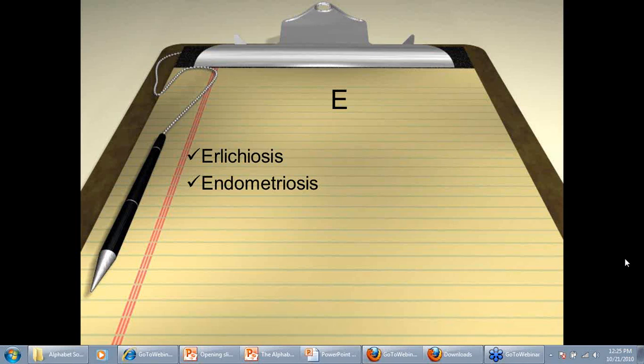And I had to learn about this very quickly. Ehrlichiosis and babesiosis are part of the tick-borne diseases which we see mainly in New England, but it can be seen anywhere really around the country. Mostly New England and the northern part of the country, though there is a type of tick disorder that we can see also in the southern part of the states.